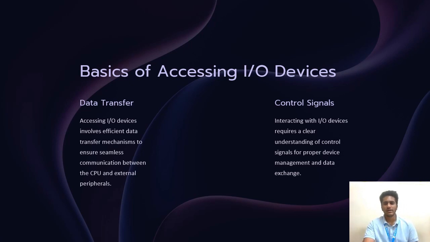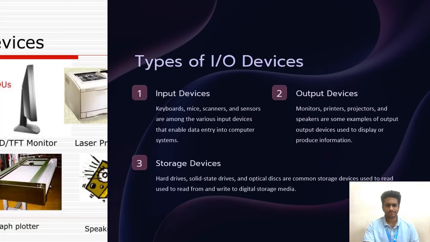Control signals: interacting with the input-output devices requires a clear understanding of control signals for proper device management and data exchange. So, accessing input-output devices means nothing but the transfer of data from the devices which are connected to the main part of the computer as well as the CPU to the devices.